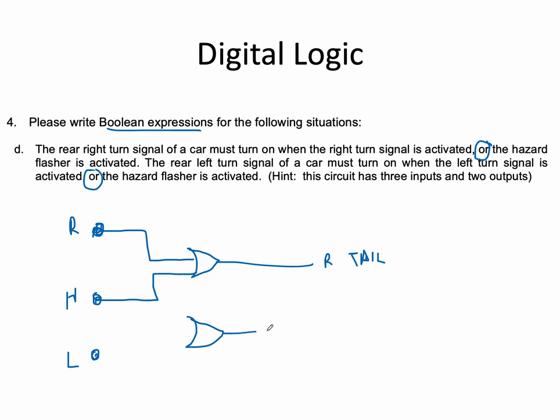And over here, the left-hand tail light should turn on if you turn on the left turn signal, or again, if the hazard's turned on. And so you can quickly figure out all the rest of these.